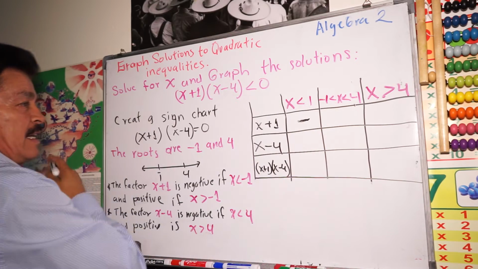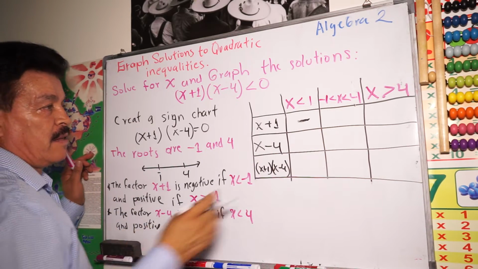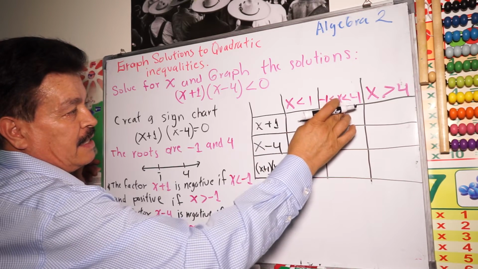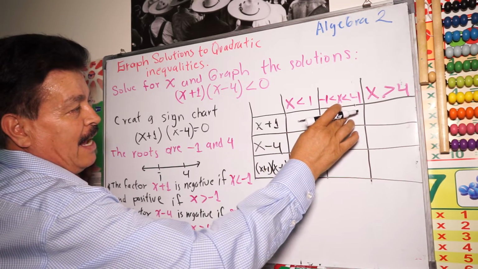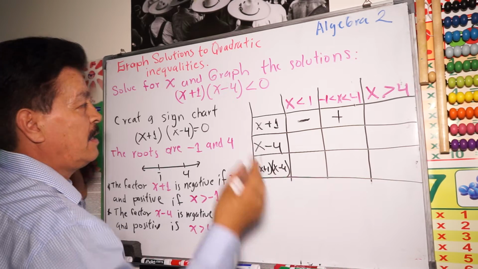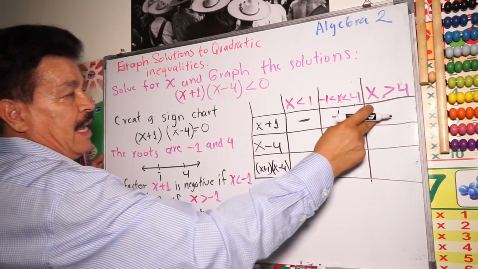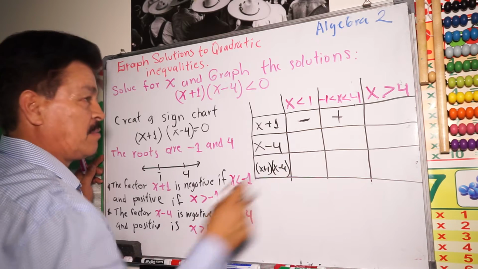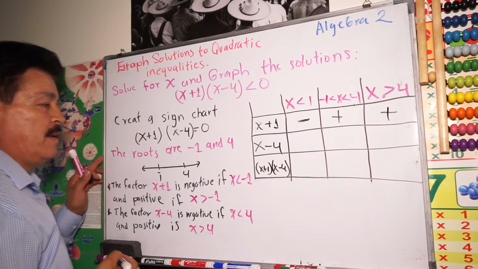See, it's negative, right? When x is less than 4 and greater than negative 1, then it's positive right here, right? When x is greater than 4, it's positive. All right?